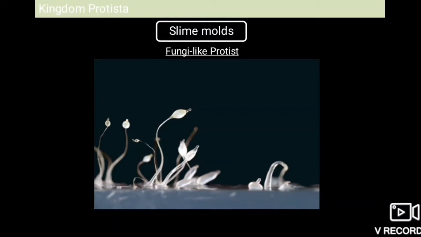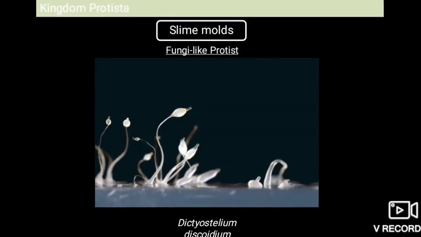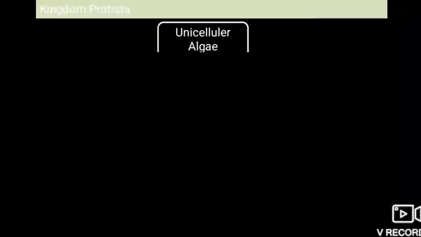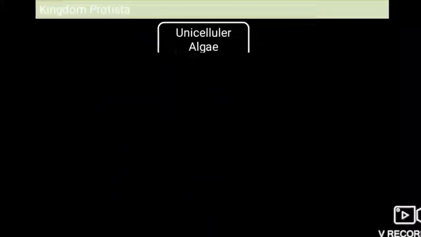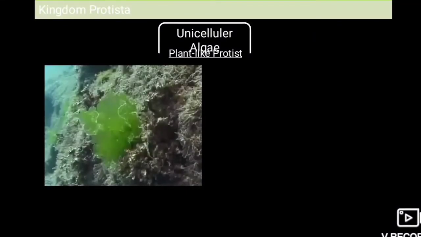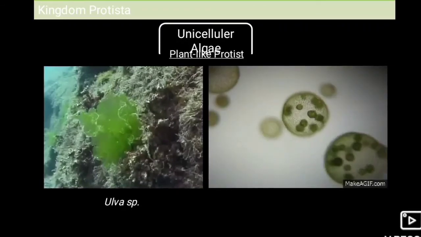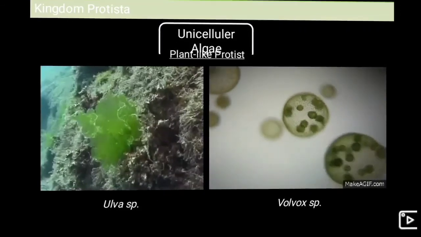The example of slime molds is Dictyostelium discoideum. The last member of Kingdom Protista is unicellular algae, or plant-like protists. The examples of unicellular algae are Ulva sp and Volvox sp.